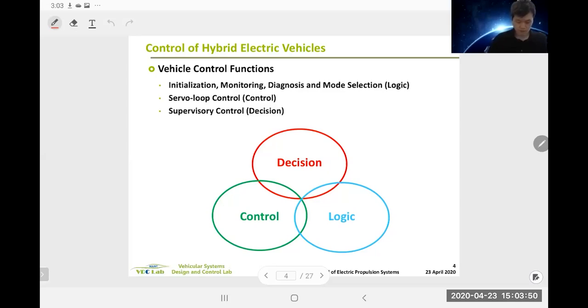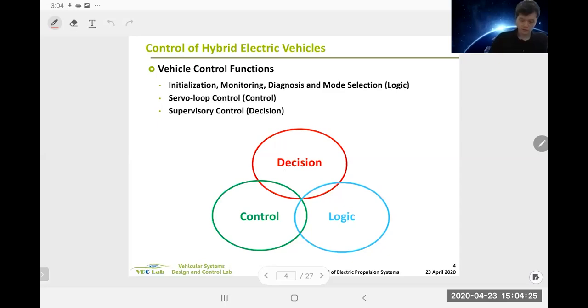So when we talk about vehicle control, there are different algorithms to do different things, and sometimes we call all of this the controller. But when you look at more details, there are different parts, different modules within the controller, and this is just terminology.